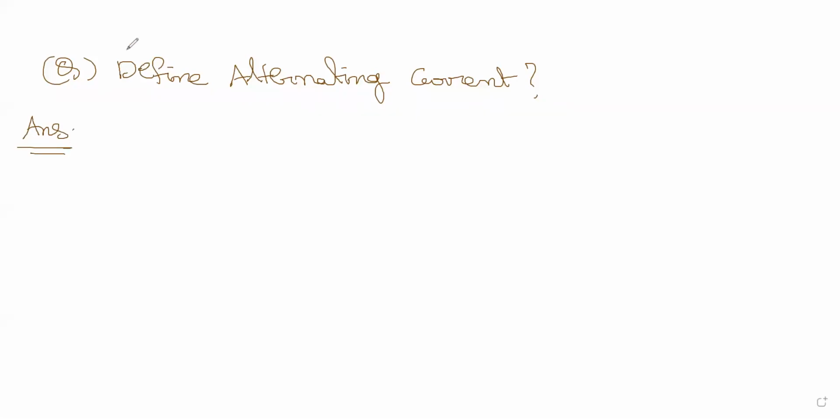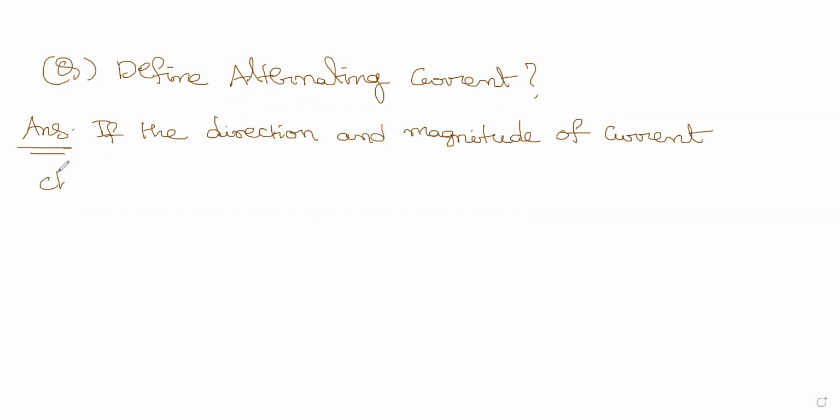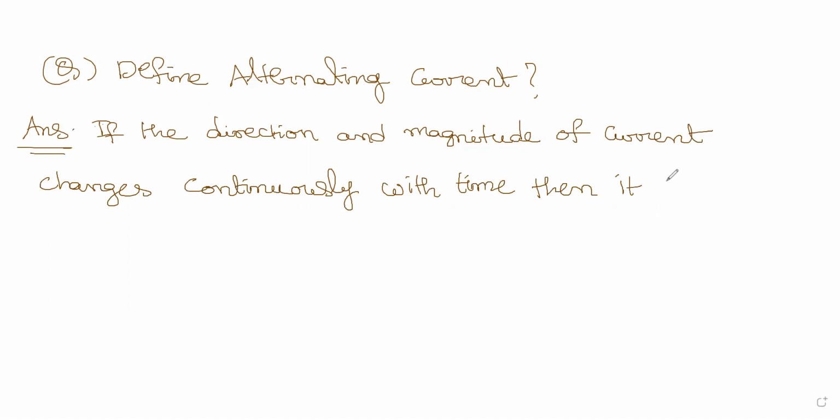The answer goes like this: if the direction and magnitude of current changes continuously with the time, then it is called alternating current.